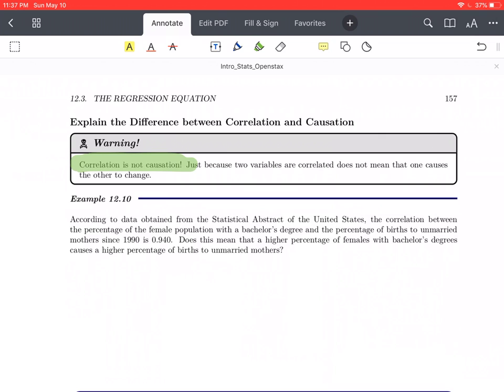Now, in real life, there may be some causal relationship there, but we are not able to prove that simply by running this type of test. Just because two variables are strongly correlated does not mean that one had to cause the other. It could be that one caused the other, but this test does not tell us that. There is a very big difference between correlation and causation.